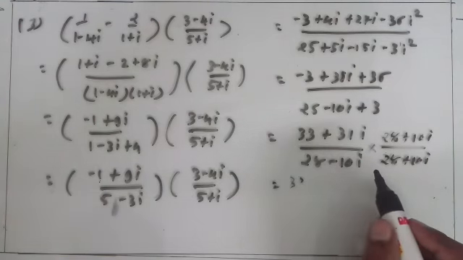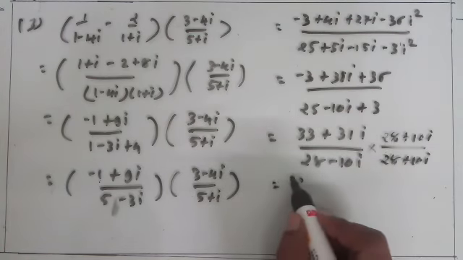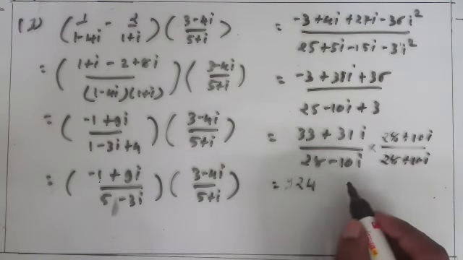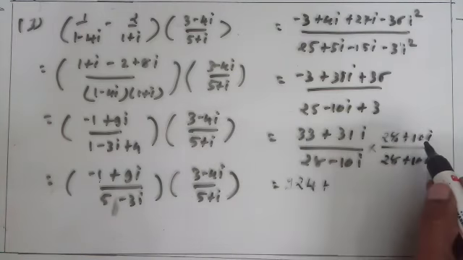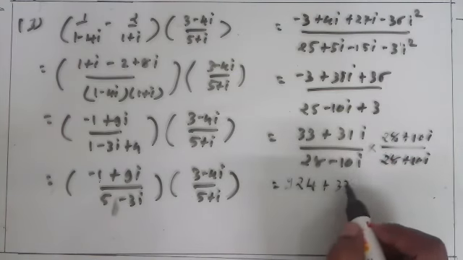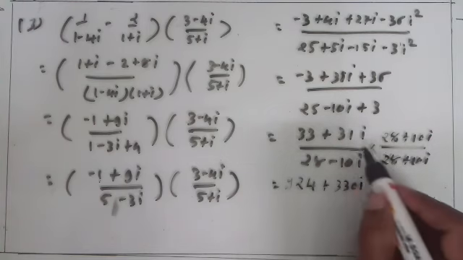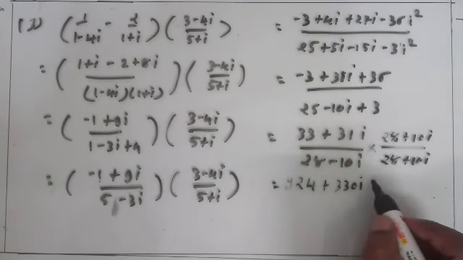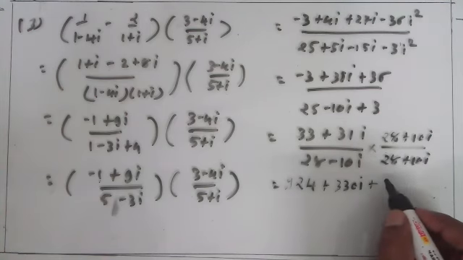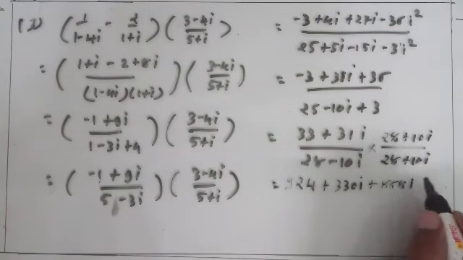Product of these two, using calculator, is 924 plus 33 into 10i becomes 330i. 31i into this 28 becomes, using calculator, 868i.